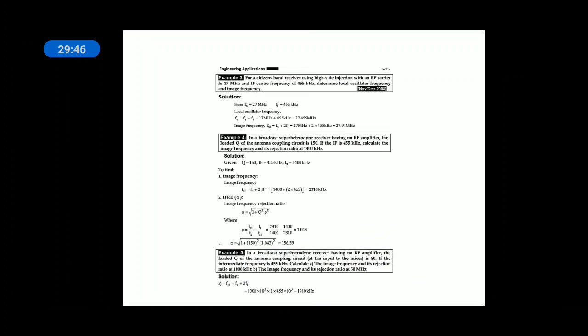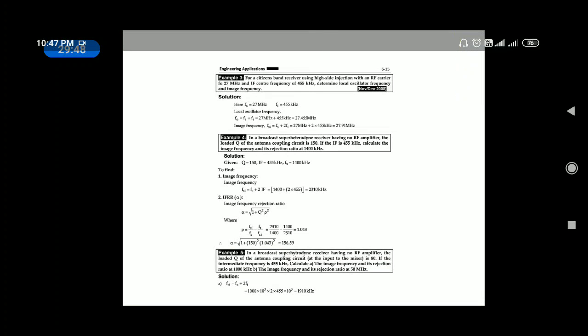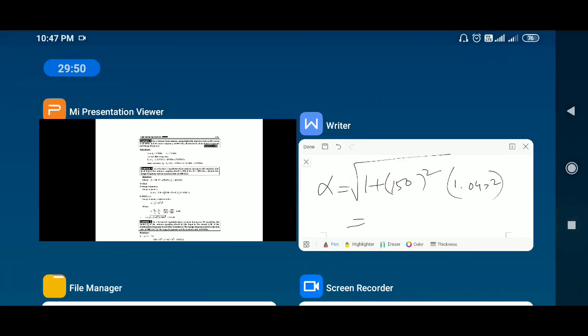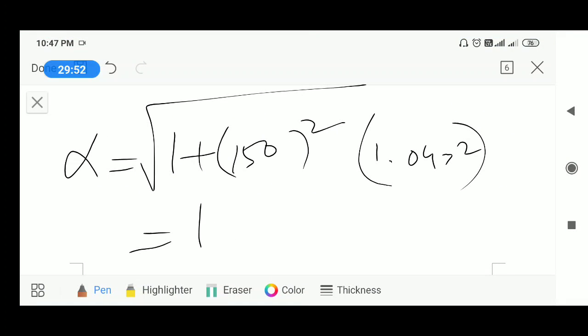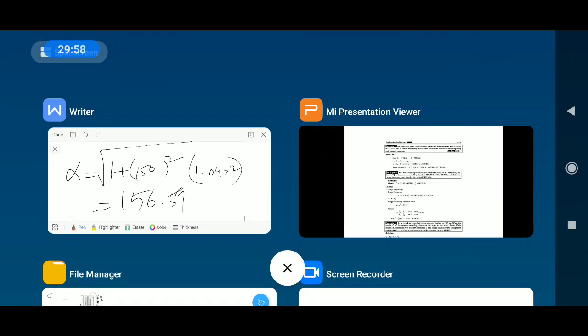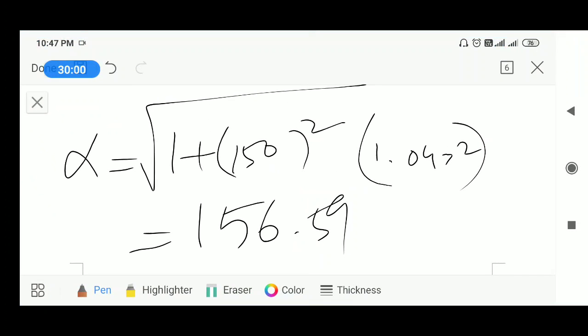Its value comes around 156.59. 156.59 is the image frequency rejection ratio, IMRR or IRR.